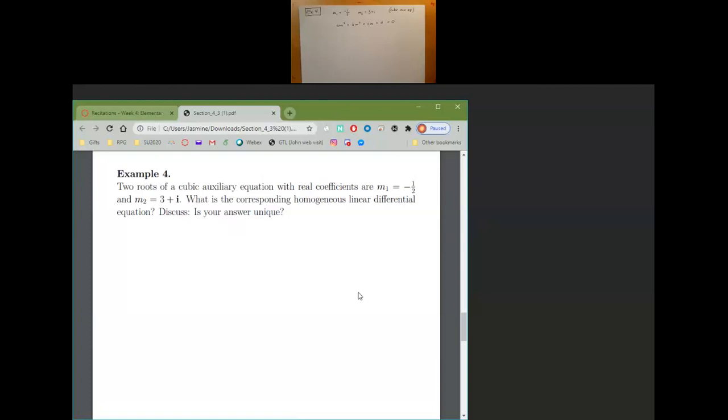And if we know that two of the roots are m plus 1/2 here, and m minus 3 plus i, we know that these have to be factors of this. What else do we know about this, given only the information that we've been given?